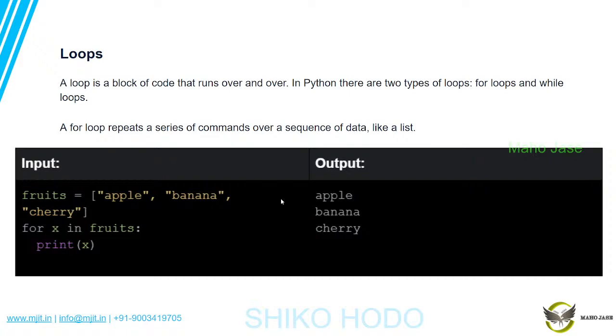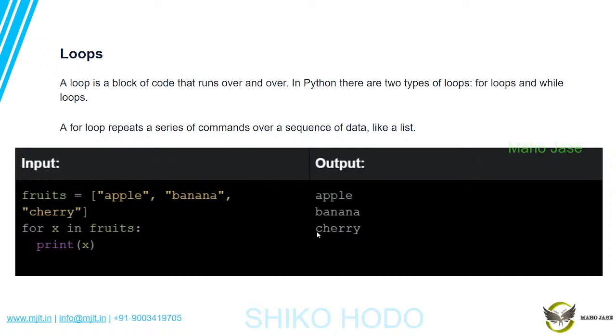Once again I will explain that if I want to print apple, banana, cherry, it will print A for apple, B for banana, and C for cherry.